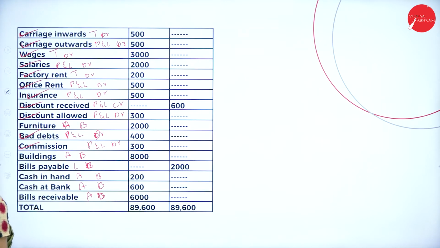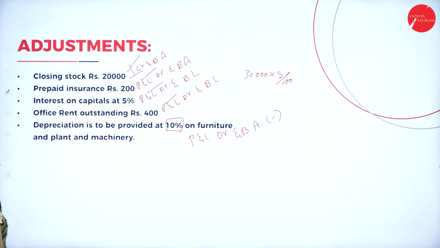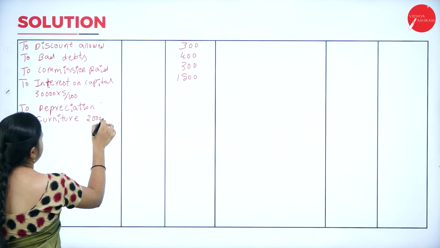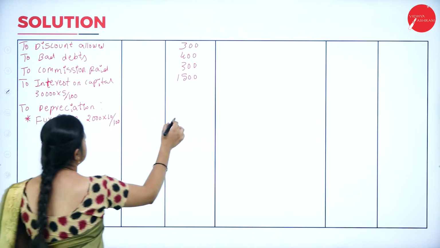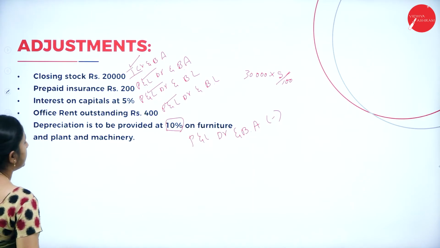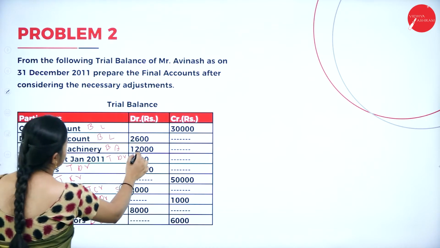Just check the furniture amount. Furniture is 2,000. 2,000 into 10 by 100, that is 200. Next, plant and machinery at 10%. Just check the plant and machinery amount. Plant and machinery 12,000.